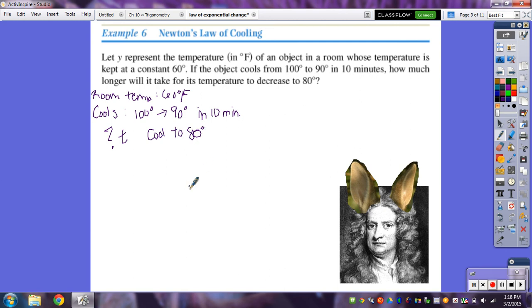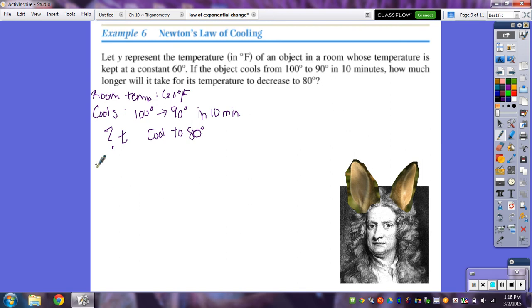Okay, so that's the information we have, and Newton's law tells us that our rate of change is proportional to the difference between the object's temperature and the surrounding medium.